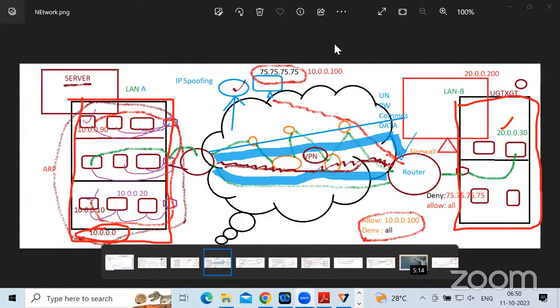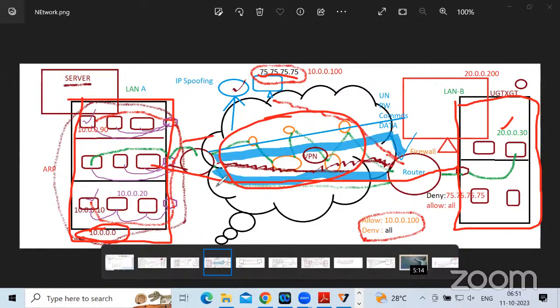So I have given this as 75.75.75. And when you are trying to log in from this area to this area, you are using two main things. One, internet. So this is the internet area.